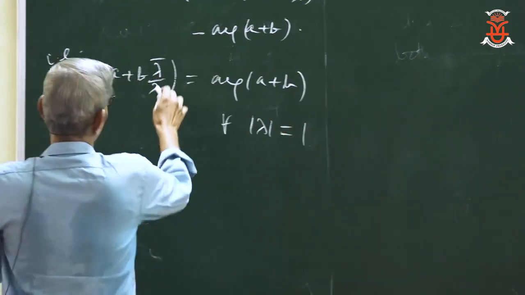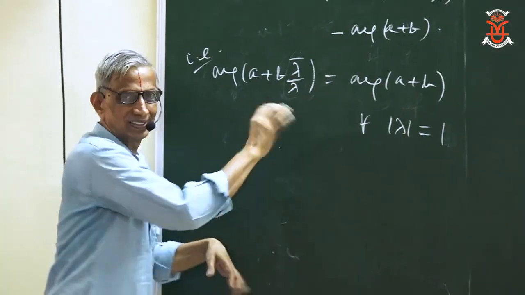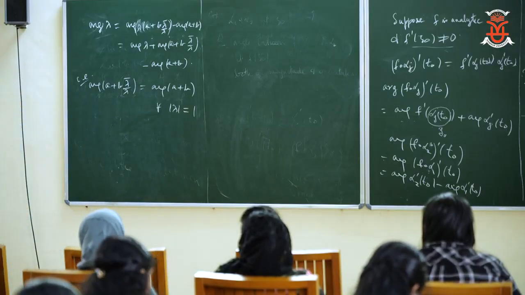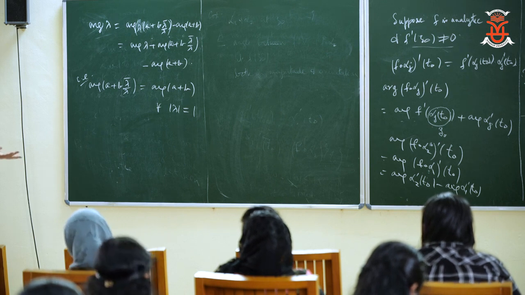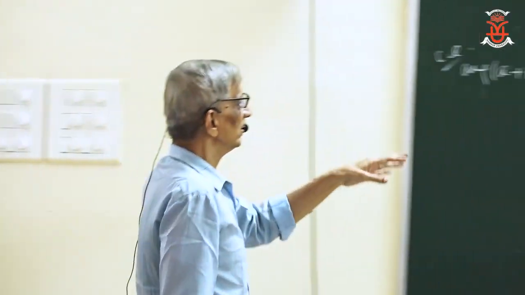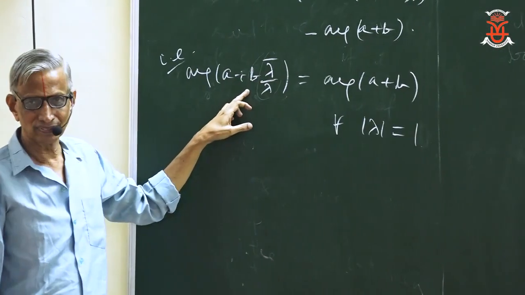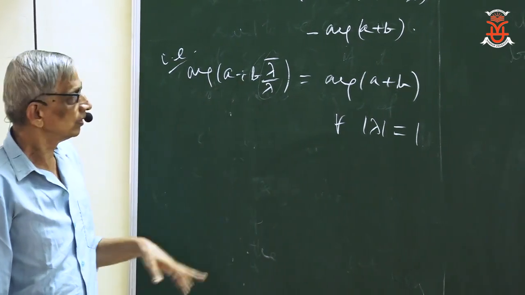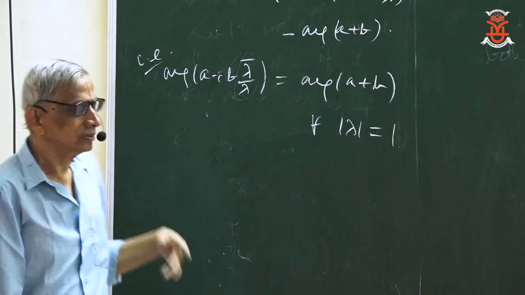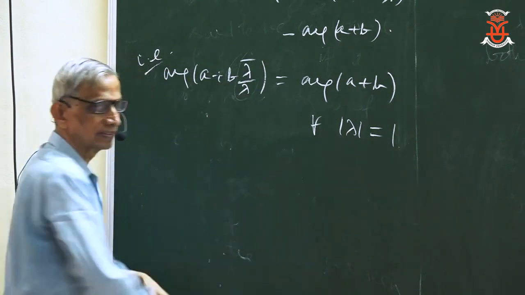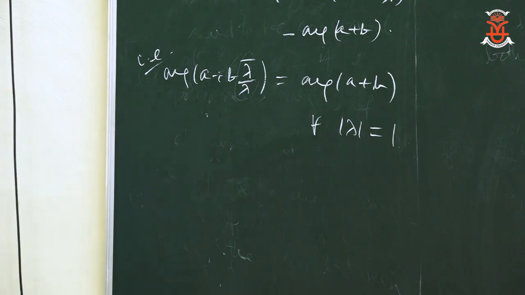Only when this term here is absent, right? That means B is 0. Because lambda bar by lambda is non-zero, modulus 1. So the only way this term can go off is when B is 0. Okay, so this is true for every lambda of modulus 1.